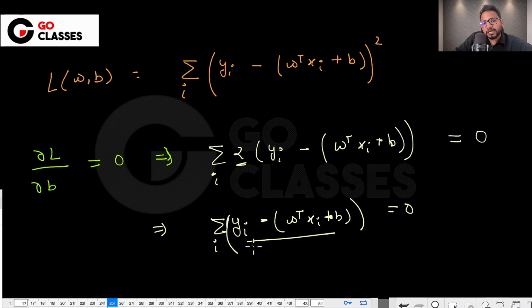And what is this? This is yi cap and this is the error. So from here you can directly say the summation of EIs must be 0.